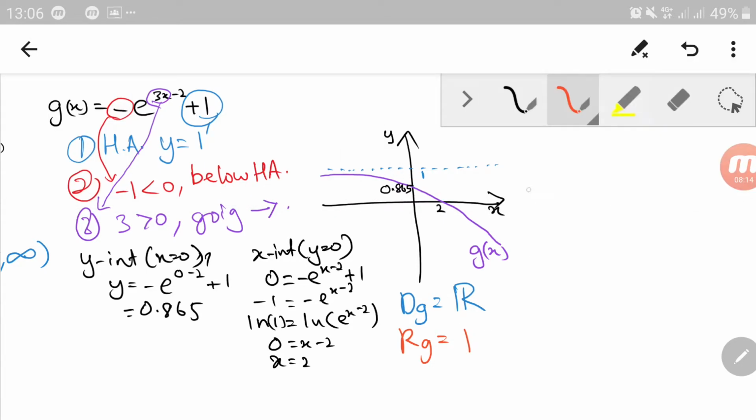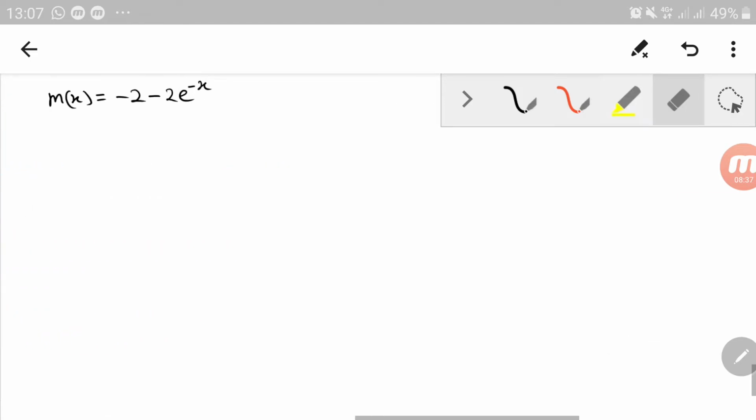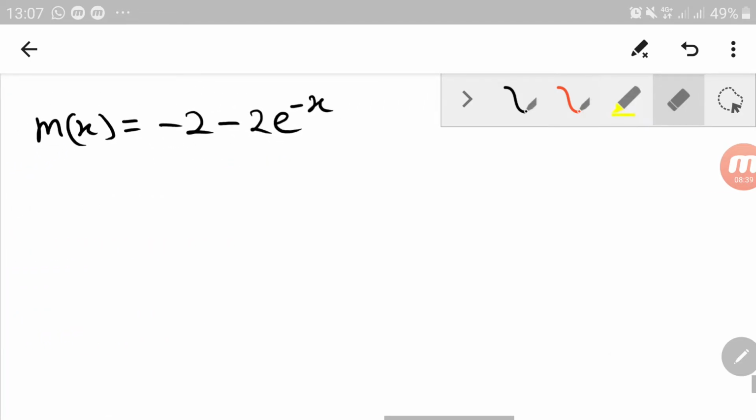Start from 1, but it is going down, so cannot put like that. I must put the 1 over here. Then it's from minus infinity until 1, but 1 is not included.